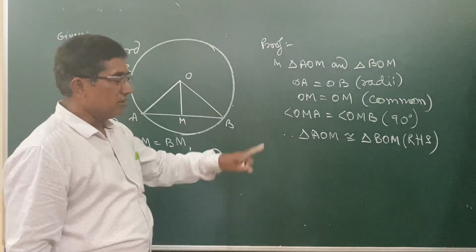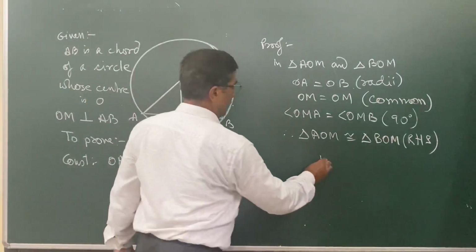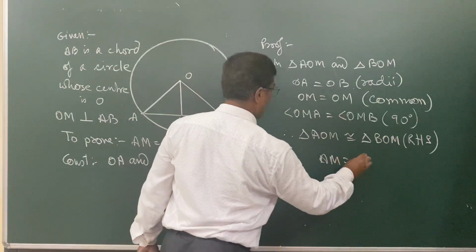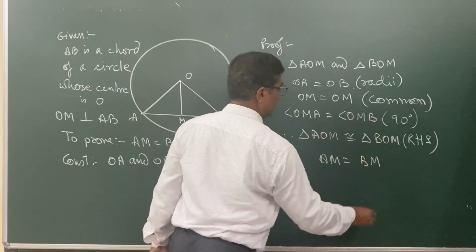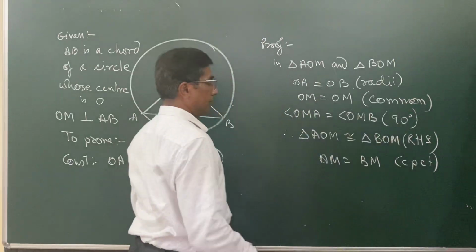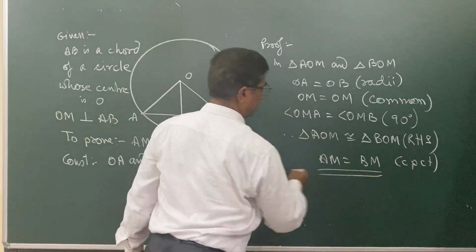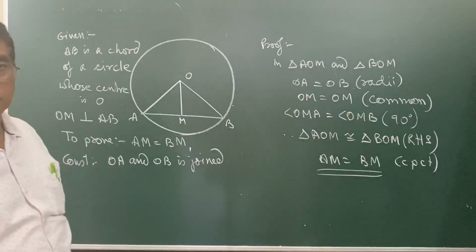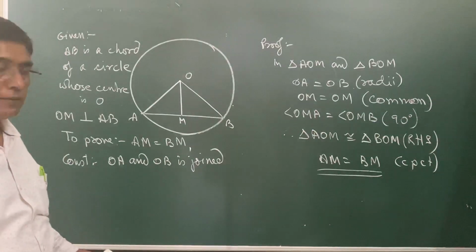Now since these two triangles are congruent, AM equal BM, by CPCT, corresponding parts of congruent triangles. Is that okay?